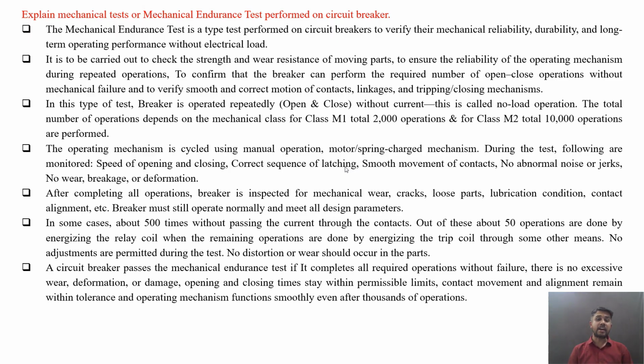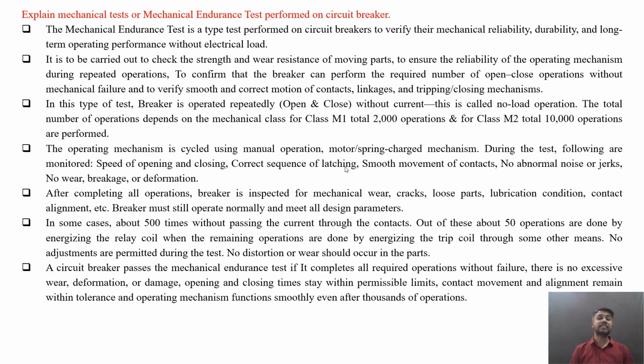A circuit breaker passes the mechanical endurance test if it completes all required operations without any failure. There is no excessive wear, deformation or damage. Opening and closing times stay within the permissible or tolerance limit. Contact movement and alignment remain within tolerance, and the operating mechanism functions smoothly even after thousands of operations.